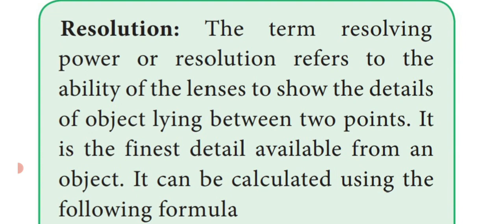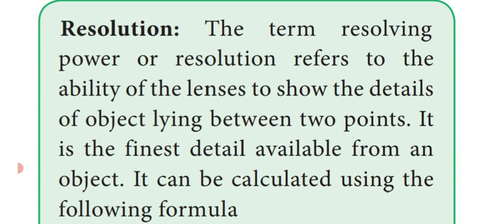The object is placed between 2 points, one is the eye lens, another one is the objective lens. The ability of the lenses to show the details of the object is said to be resolution.